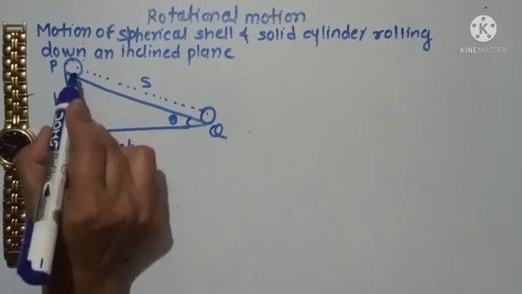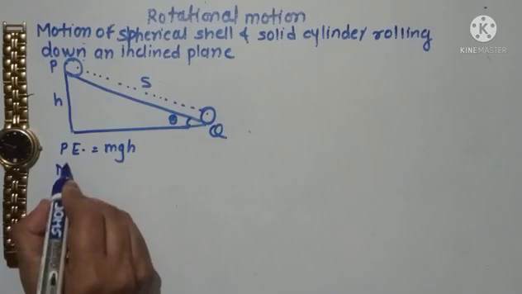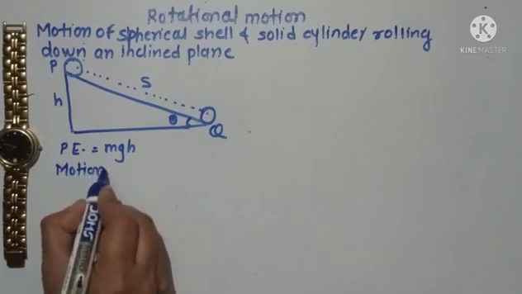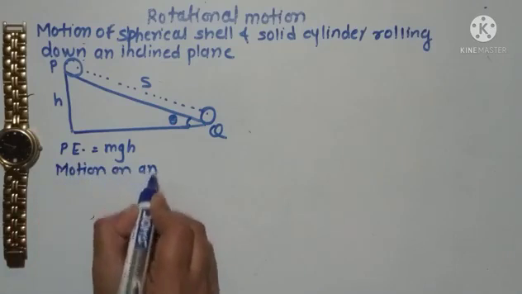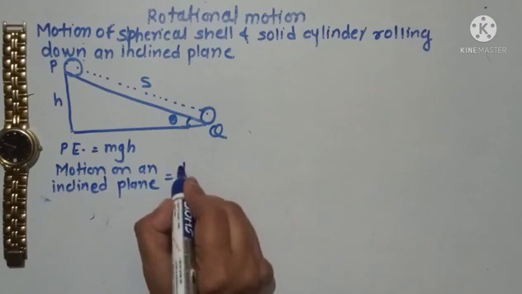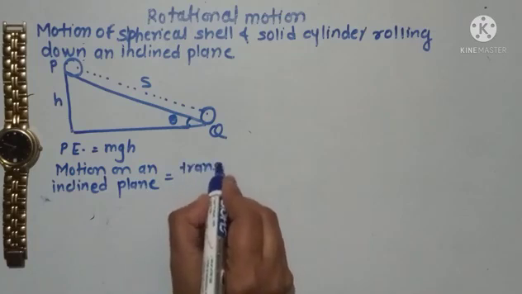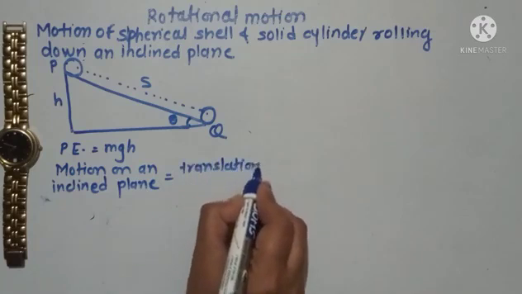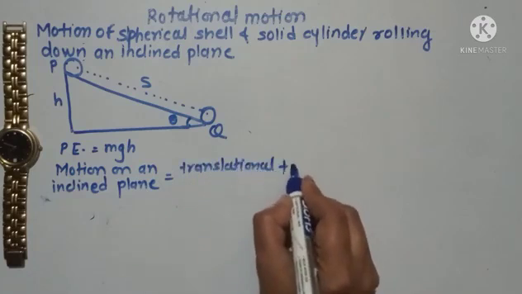Okay, so the motion on an inclined plane is translational motion plus rotational.